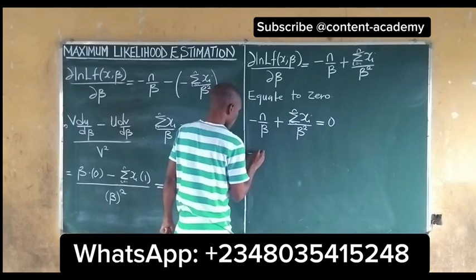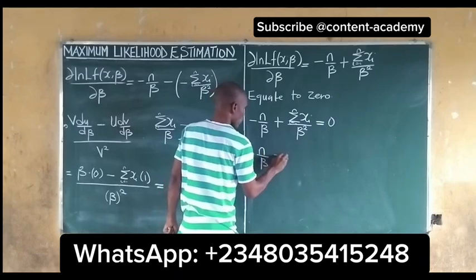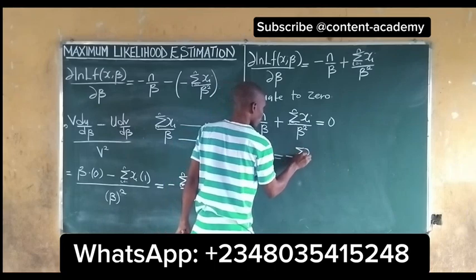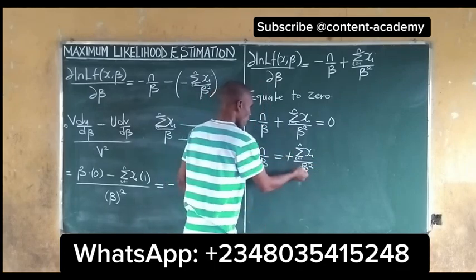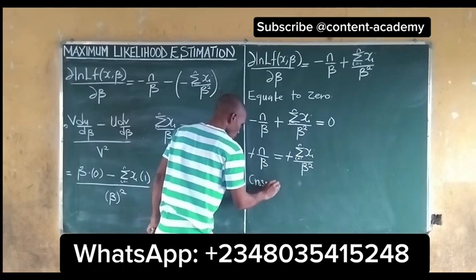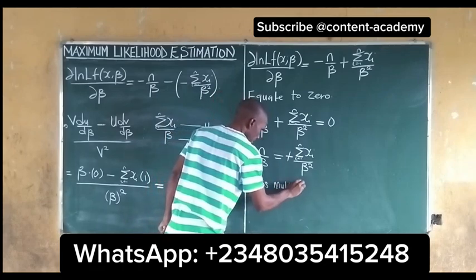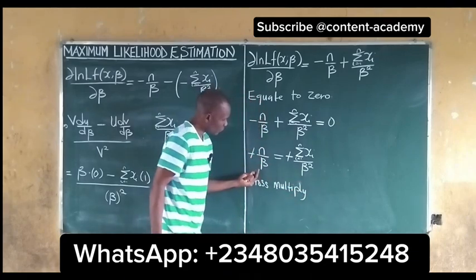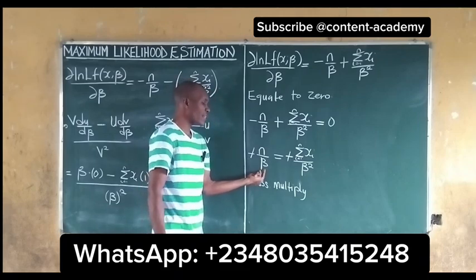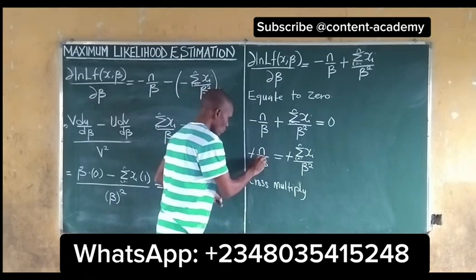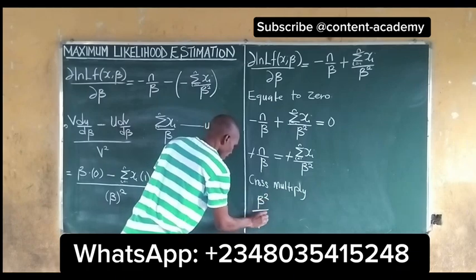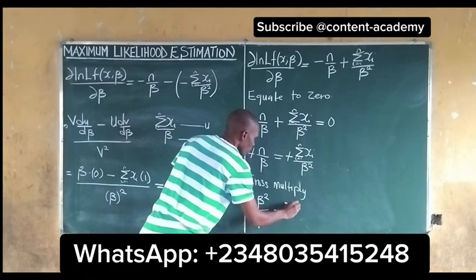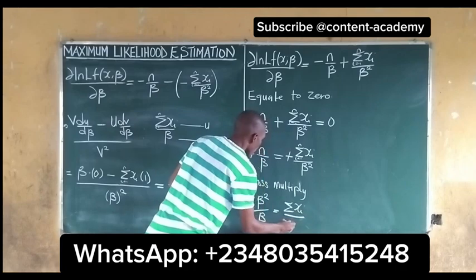So we have negative n all over beta to be equal to negative summation of x_i, i running from 1 to n, all over beta squared. So this will cancel this. We can cross multiply. So we are just trying to get the maximum likelihood estimate for beta. So if we cross multiply, we'll get beta squared all over beta to be equal to summation of x_i all over n.